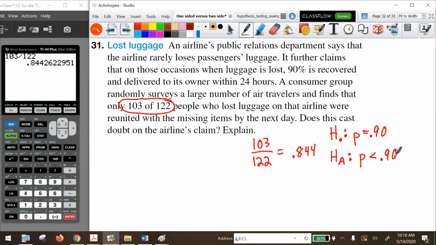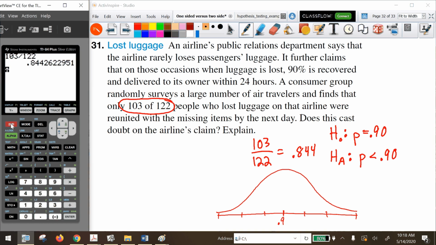All right. The next thing we really have to do is build a normal model based off that null hypothesis. So I'm just going to draw a rough sketch. Center it at 90%. I'm going to count 3 standard deviations in each direction. And I'm going to use my formula for my standard deviation. 90% is our p.